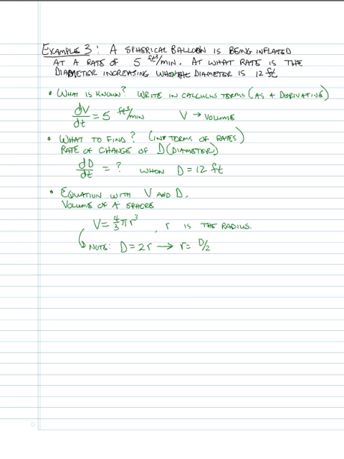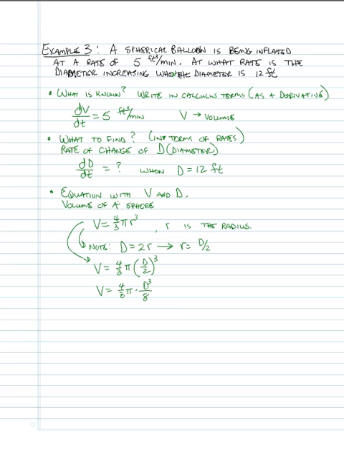So this volume equation is going to look like V equals 4/3 pi times, instead of r, d divided by 2, cubed. That will be V equals 4/3 pi times d cubed over 8.